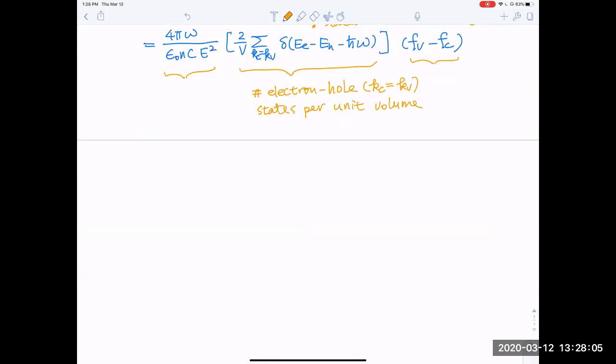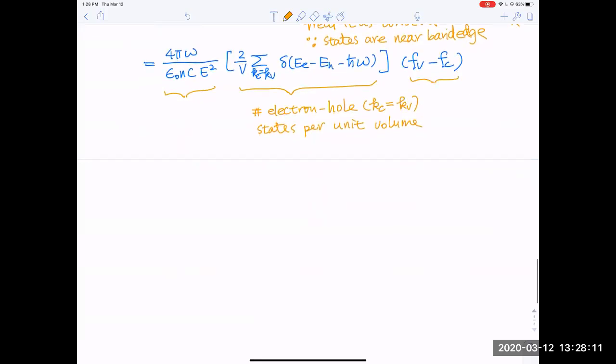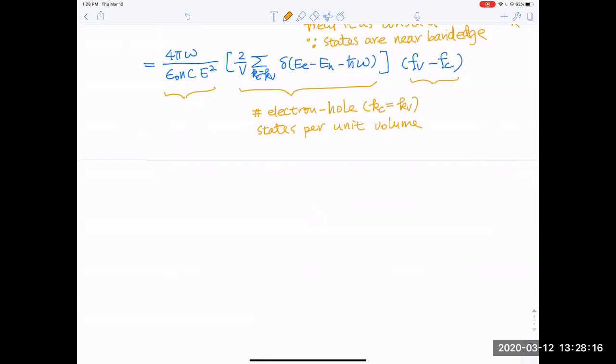Basically, when we calculated the density of states for electrons in the conduction band, we saw this problem before. Let me read the questions.